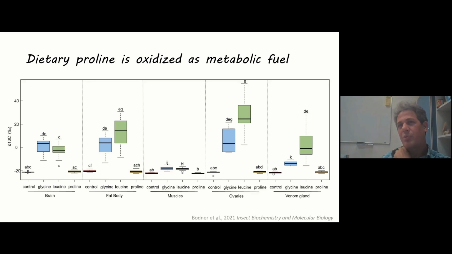And we can say that the proline is oxidized as metabolic fuel, and probably this is what gives the extra energy through proline dehydrogenase in the body of these insects and gives them more efficient performance of the mitochondria.